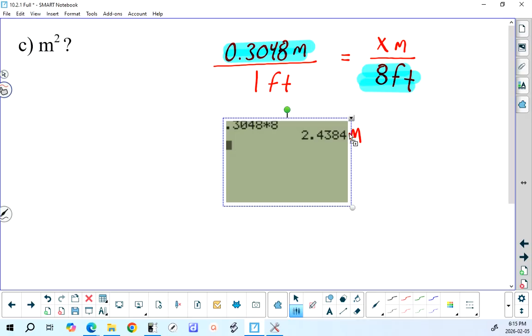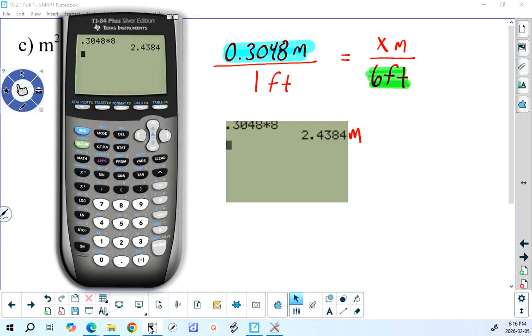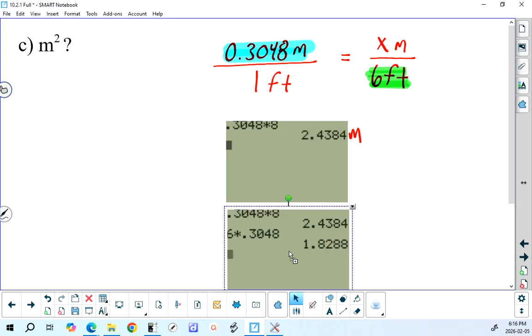If we repeat the process but use 6 feet, then we're going to be multiplying the 6 by the 0.3048. 6 times 0.3048 gives me this for the other dimension of this rectangular shape.